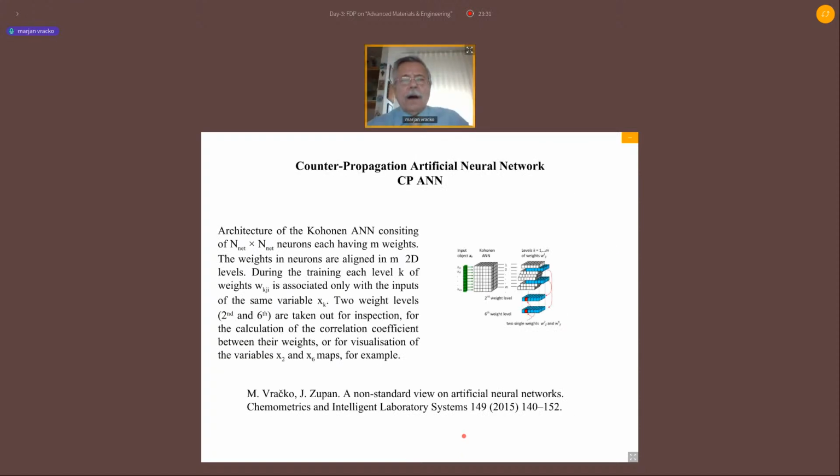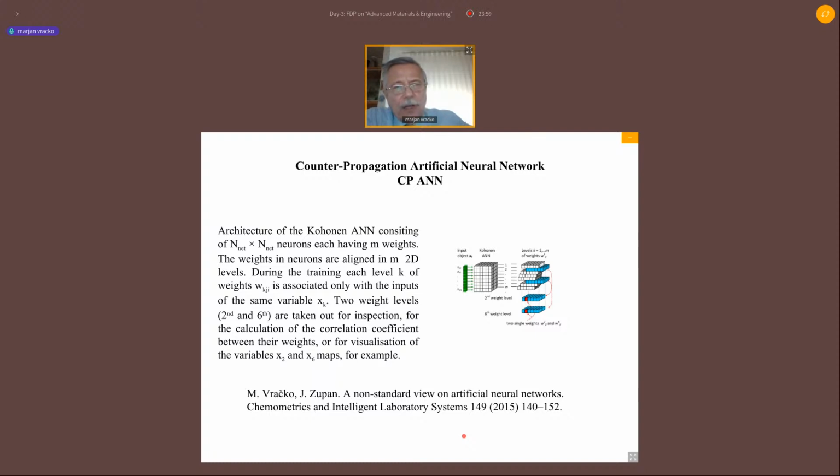The third method is self-organizing maps. This belongs to the family of artificial neural networks. I will present here the structure called the self-organizing map, alias Kohonen network or counter-propagation network.